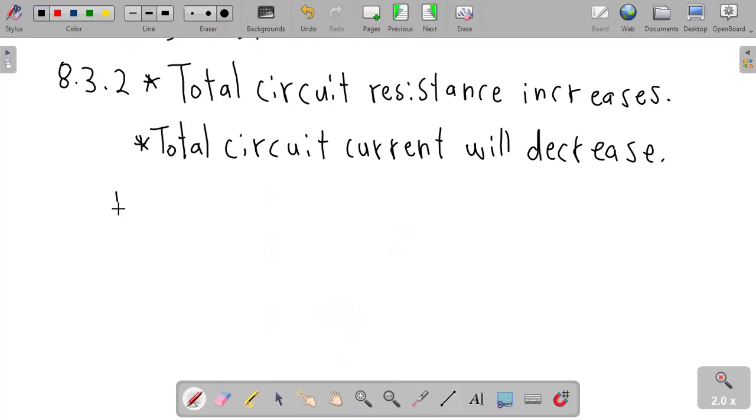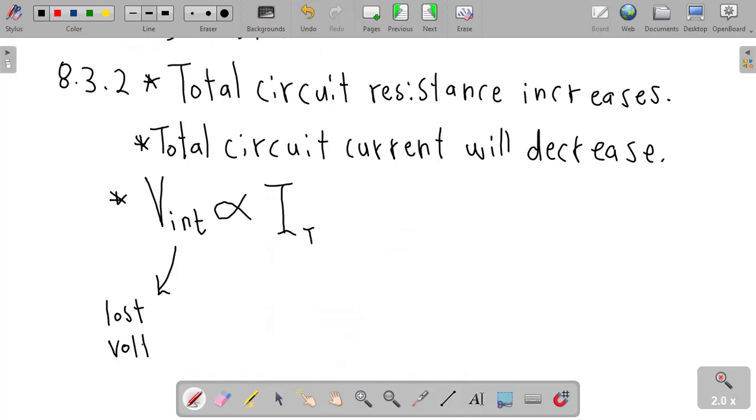And then this means what? The relationship between V internal, which is the lost volts, is directly proportional to IT, the total current. So this is lost volts over here. The two are directly proportional to each other.